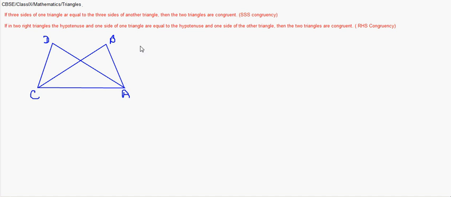It says AB is equal to CD. We'll mark it on our figures as well. AD is equal to BC.